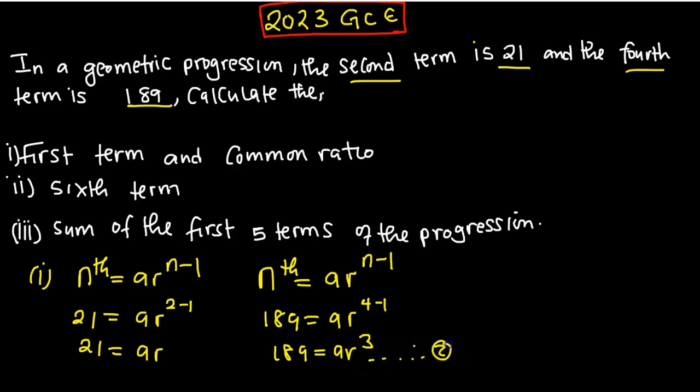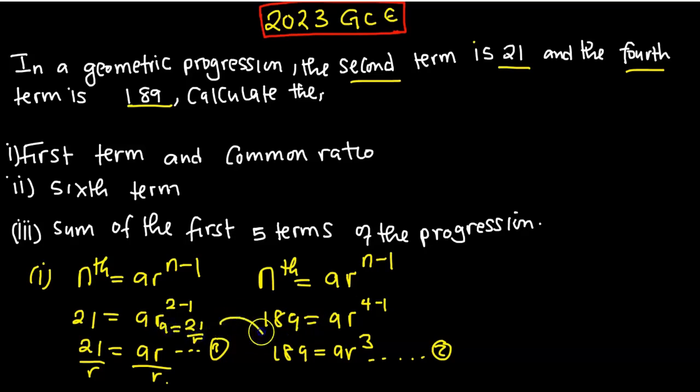So this is the second one, and this is the first one. Now, to solve this simultaneously, we are going to make A the subject. We divide by r. So A is going to be 21 over r. Let me just write it nicely. A is equal to 21 over r. That is our A.